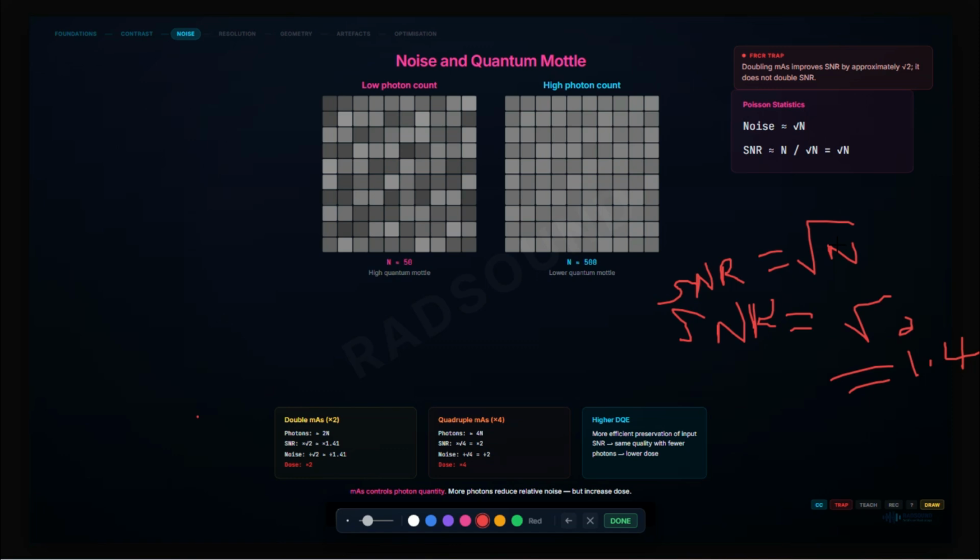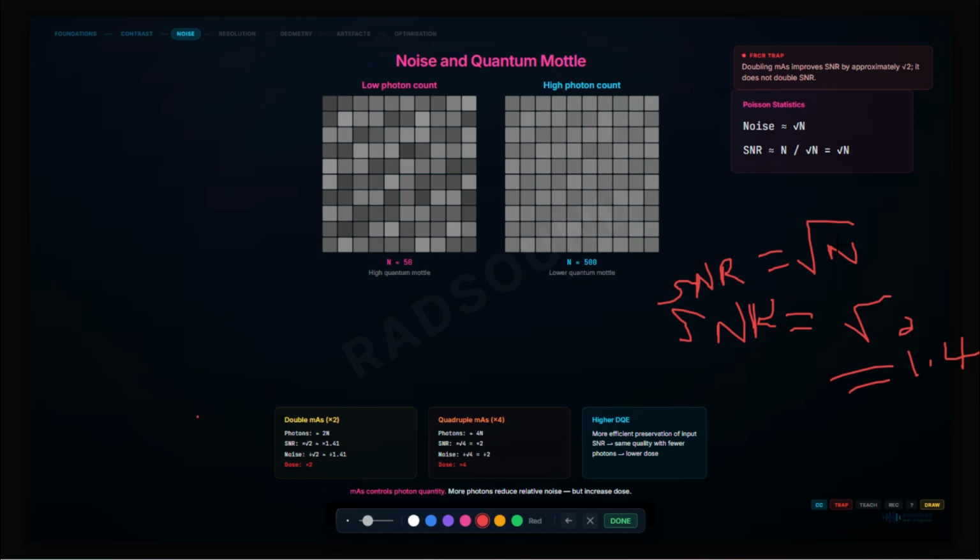This is common in exams. They may say doubling mA improves signal-to-noise ratio by approximately 2, which is wrong; doubling mA will not double the signal-to-noise ratio. It will increase it by 1.4. But quadrupling mA will double the signal-to-noise ratio, and increasing it by 8 will make it around 2.8.